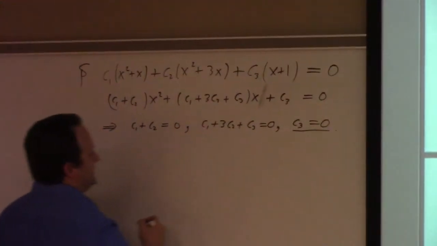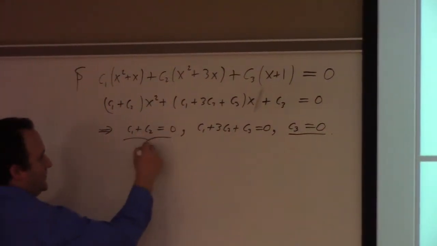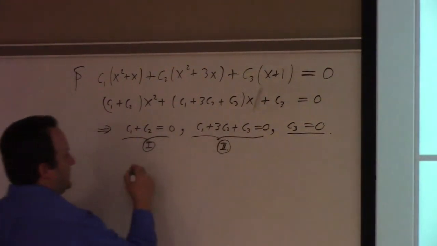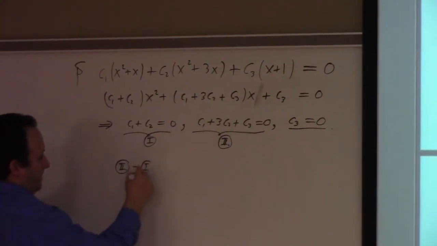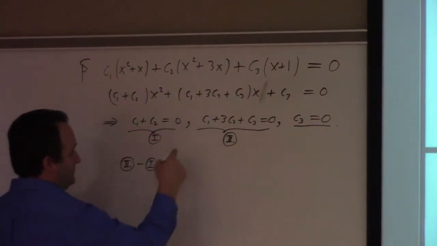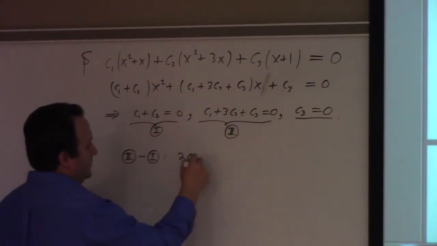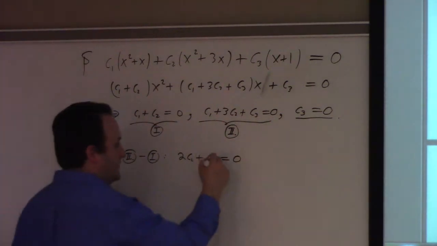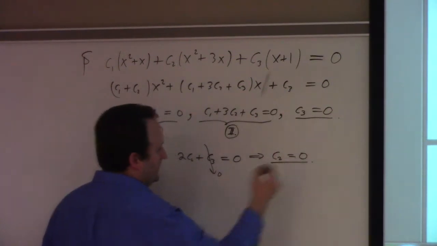Well, C3 equal to 0 is very nice, right? Let me call this thing 1, and let me call this thing 2. So if I take 2 minus 1, that gives me 2C2 plus C3 equal to 0, right? But C3 was 0, so that implies that C2 is equal to 0.